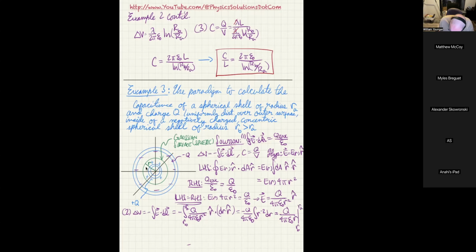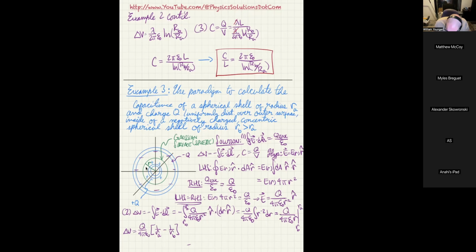So what we get is delta V is equal to Q over 4 pi epsilon naught times, now we're going to do 1 over RA minus 1 over RB. And remember that RA is smaller, so 1 over RA is actually bigger than 1 over RB, and that means that this quantity does come out to be positive.